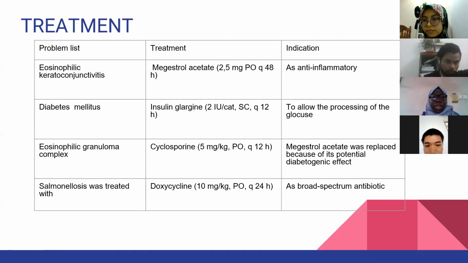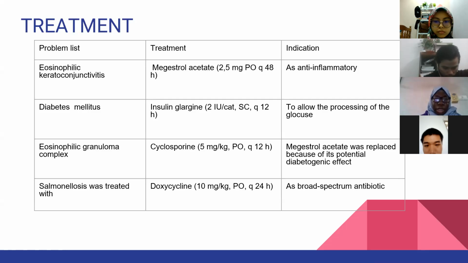Coming to the treatment part, there were different treatment plans for every condition. For example, for eosinophilic keratoconjunctivitis, they used megestrol acetate as anti-inflammatory, and for diabetes mellitus they used insulin, just to narrow down the problem list.